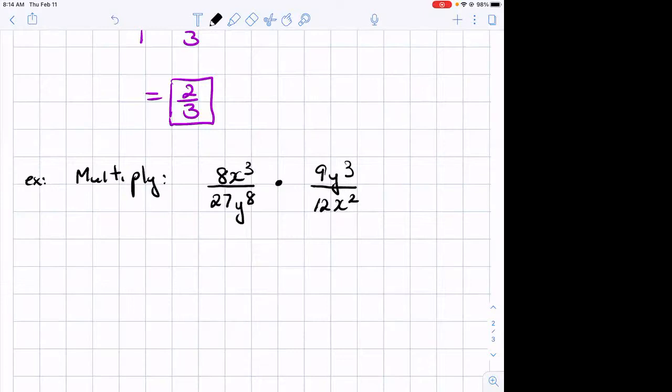So we can use either of the approaches we did before, right? What you can do first, and remember, we can only simplify any top with any bottom.